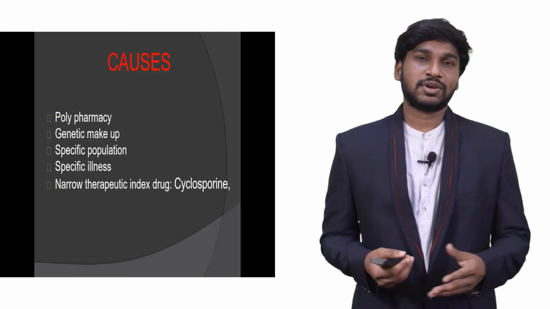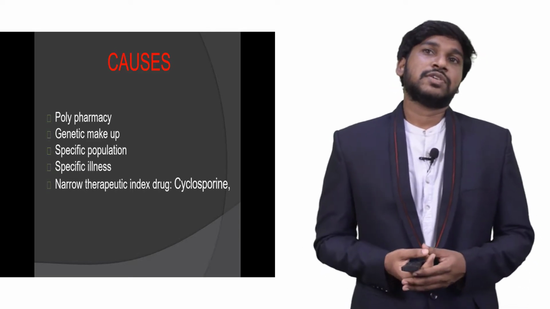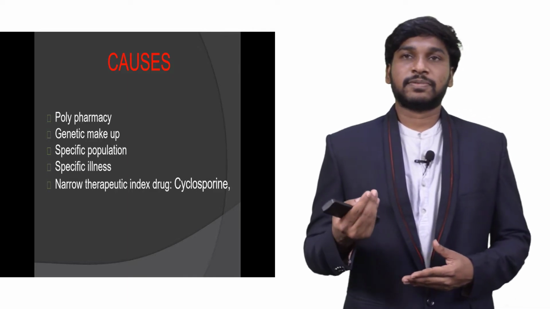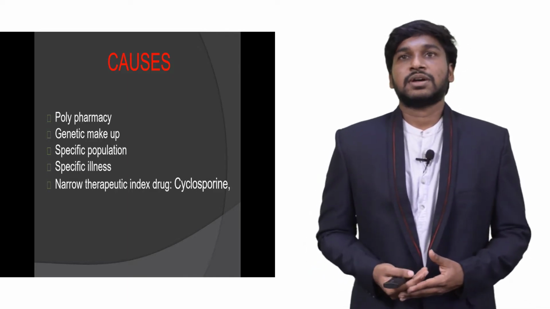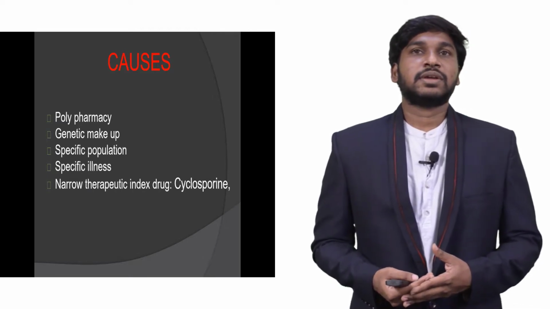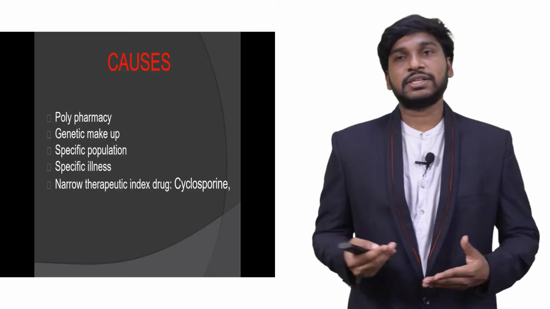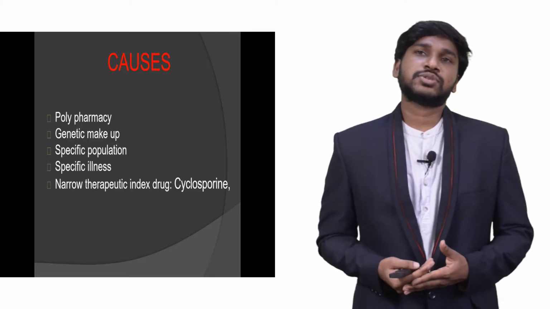And malnutrition: because of malnutrition there might be malfunction of some of the systems. If certain nutrients are required for producing particular enzymes or certain metabolites, their absence leads to adverse effects.